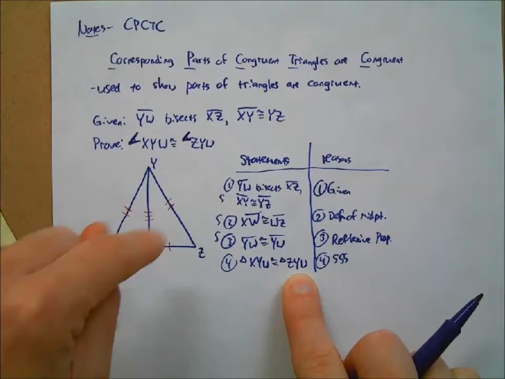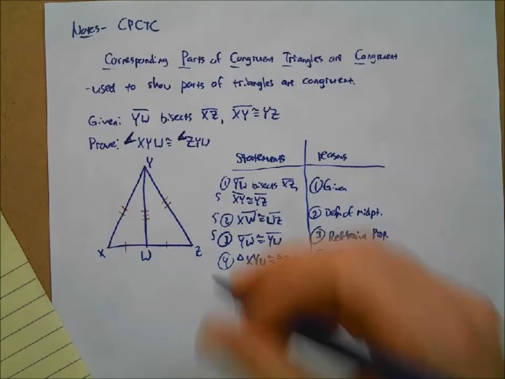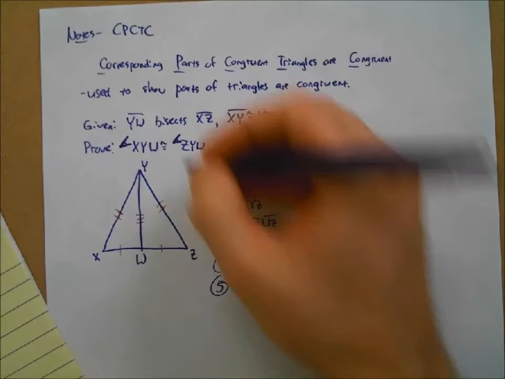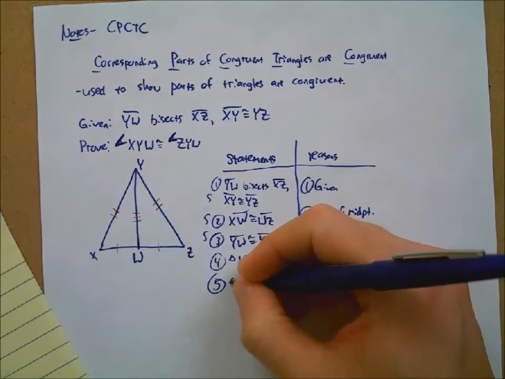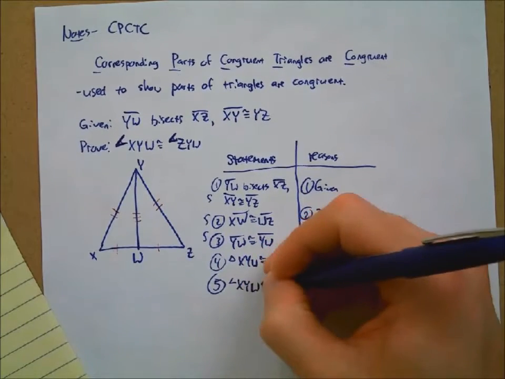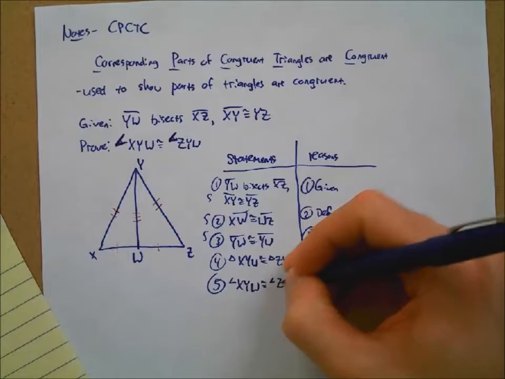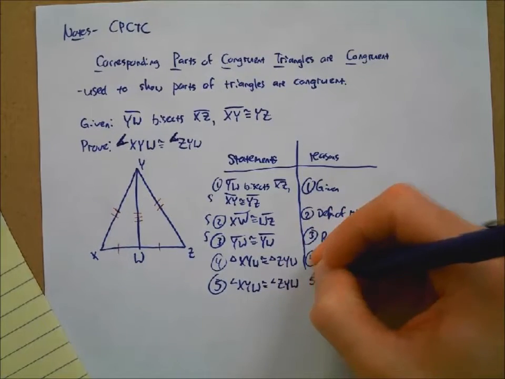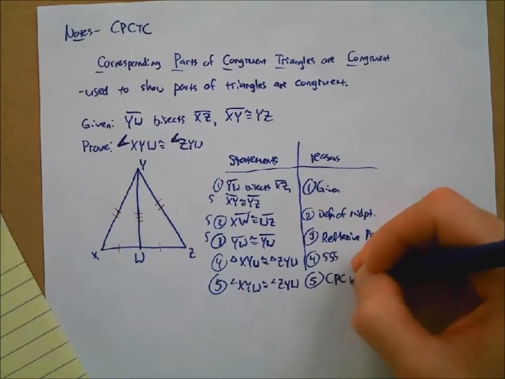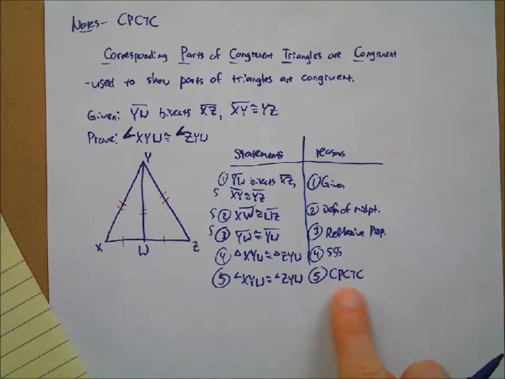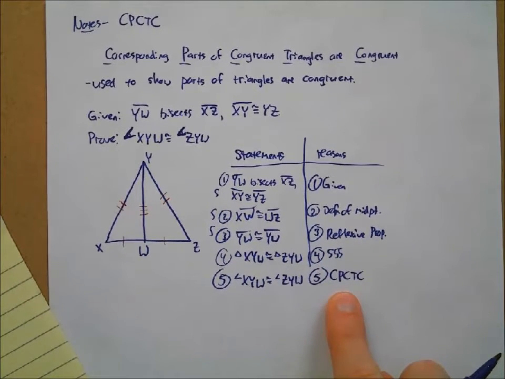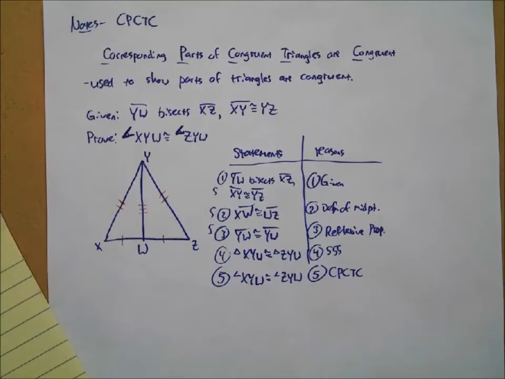That's all by CPCTC. And so we can then state here that angle XYW will be congruent to angle ZYW by that additional statement of CPCTC. We've already proved the triangles are congruent, so we can use the fact that corresponding parts of congruent triangles will also be congruent, and that's our final reason there.